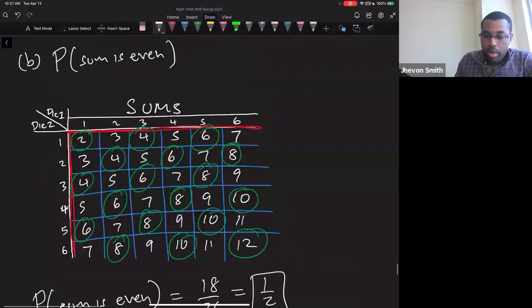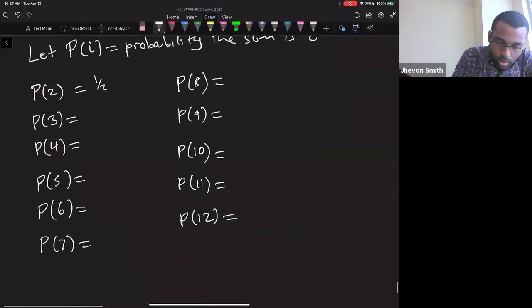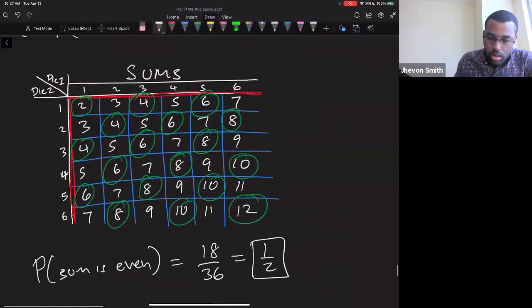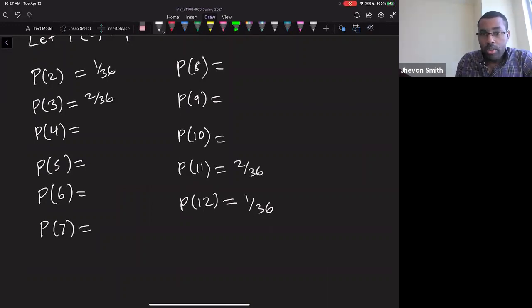Notice that in the table, you can see 2 and 12 happen in one way. 3 and 11 happen in 2 ways. And if you look at the table, this just counts up. So 4 would happen in 3 ways, 5 would happen in 4 ways.